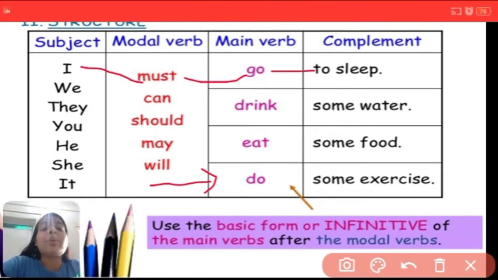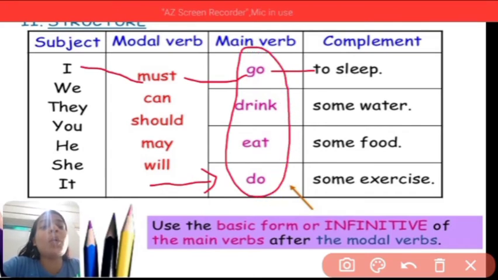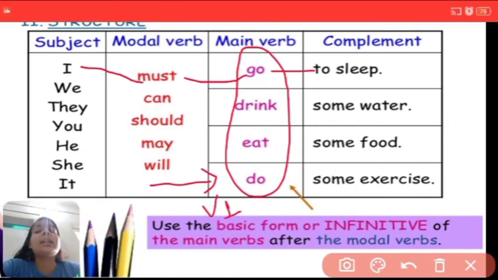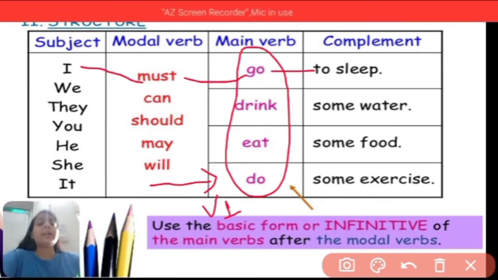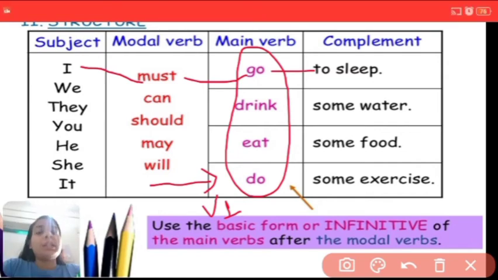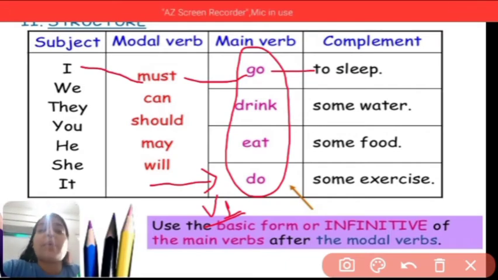All the main verbs you see here, like go, drink, eat, do, are in the verb's first form, the root form. So whenever you use a modal after a subject, the verb must be in the verb's first form. This is how you can form any kind of sentence.